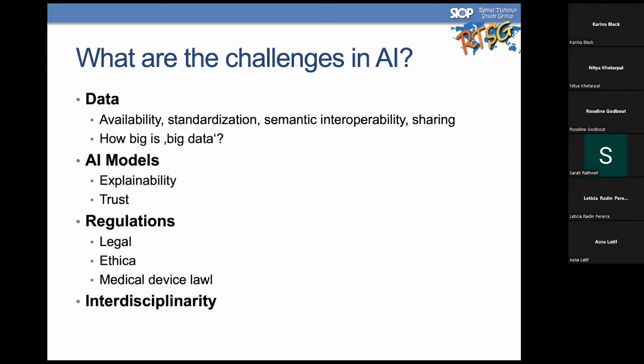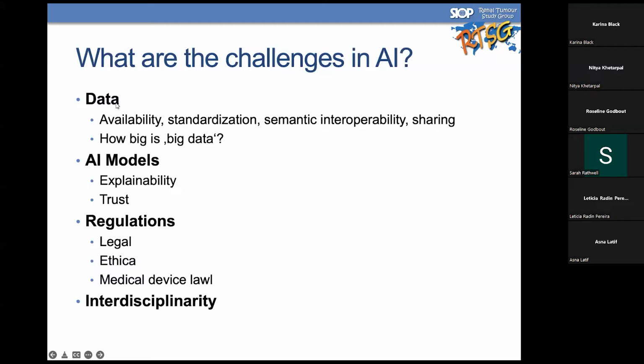So then I want to ask you, what are the challenges of AI, especially in pediatric oncology, but it's also challenging in whole clinical medicine. What we all know is that we need data, a lot of data. And with these data, we will drive our new knowledge.